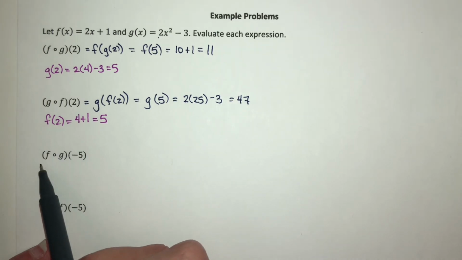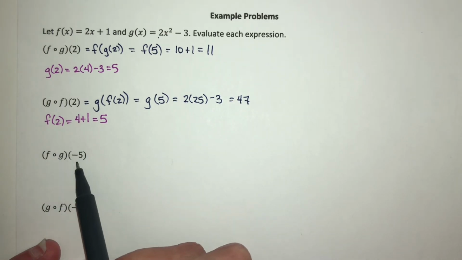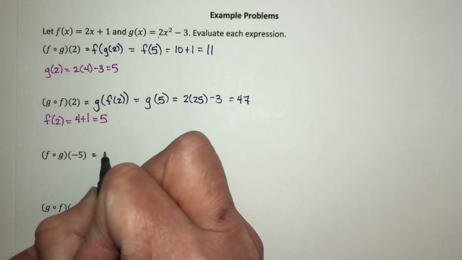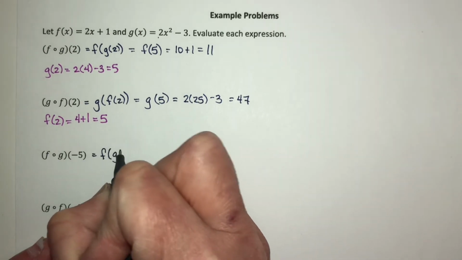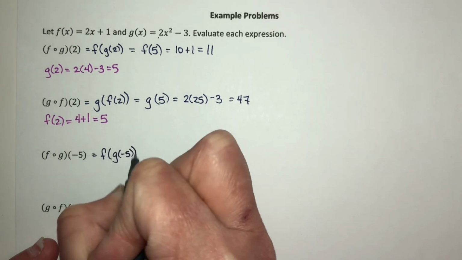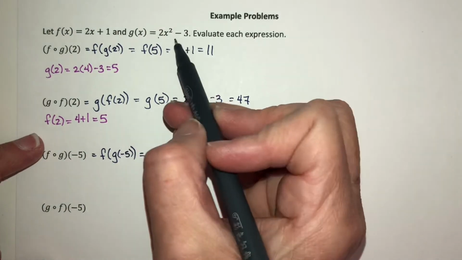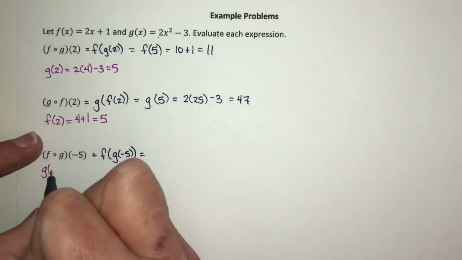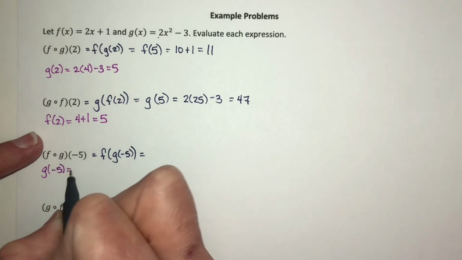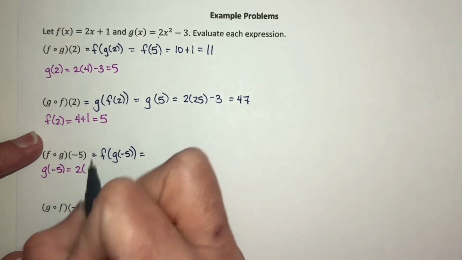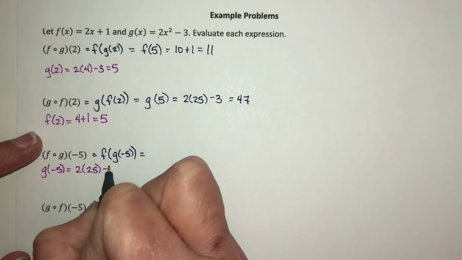Now let's do f composed with g of negative 5. So this is f of g of negative 5. So if I take negative 5 and I plug it in here, that is 2 times negative 5 squared is 25 minus 3.